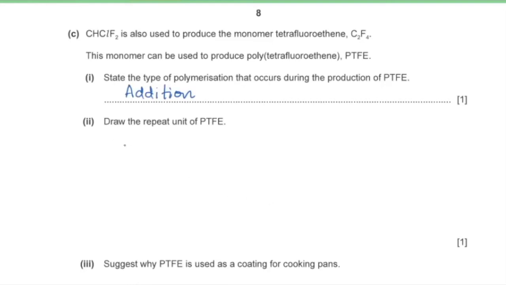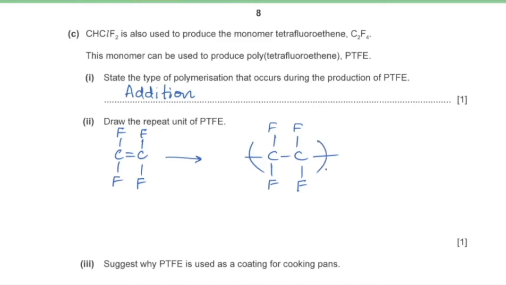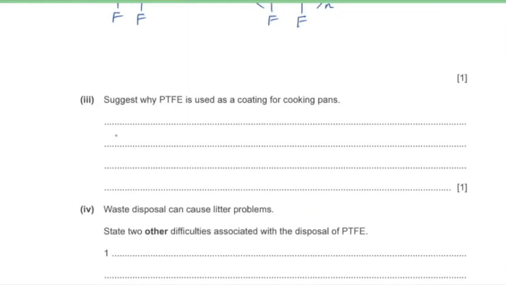Draw the repeat unit of polytetrafluoroethene. So C2F4 is C=C double bond and 2 F on each carbon atom. This will polymerize to polytetrafluoroethene, where this double bond breaks and two new single bonds will form on either side. Part 3 suggests why polytetrafluoroethene is used as a coating for cooking pans.